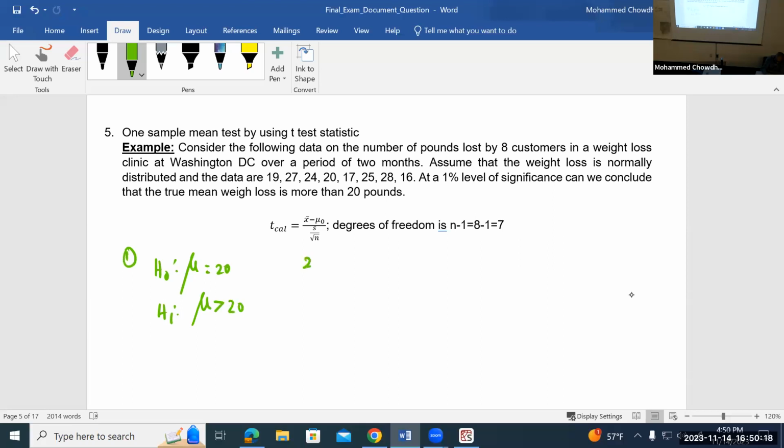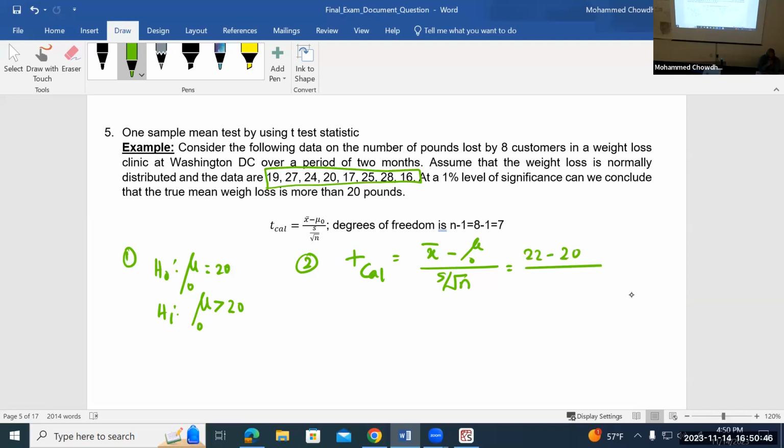Number 2 is the T calculated value, which is x bar minus mu 0, over S over square root of n. X bar equal to what? X bar is the mean of that, which is equal to 22. We already computed that before.